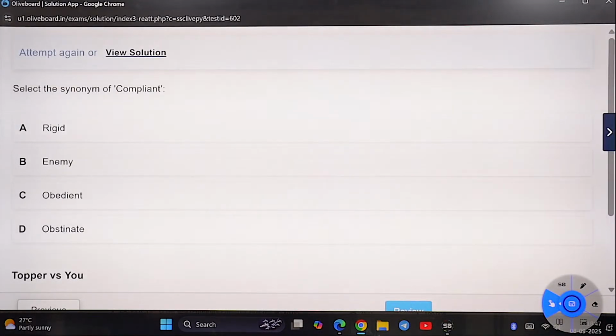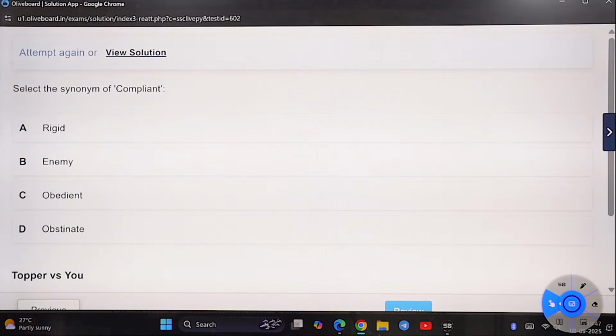Synonym of compliant. The camera went off.